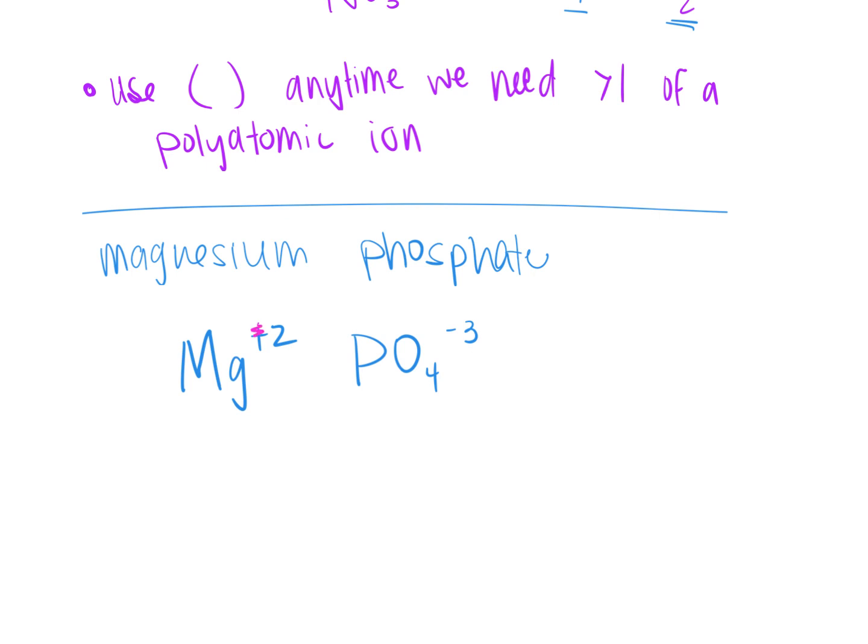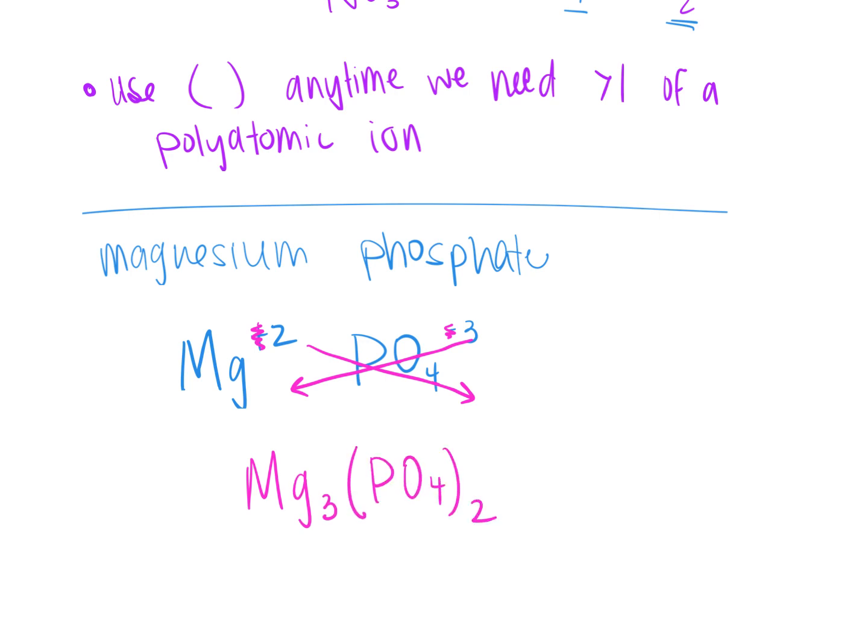So we would ignore the plus and the minus. We bring down the 3, we bring down the 2. That leaves us with Mg3(PO4)2. Right? PO4 goes in parentheses because that is phosphate, and we're saying we need 2 phosphates to make it neutral.